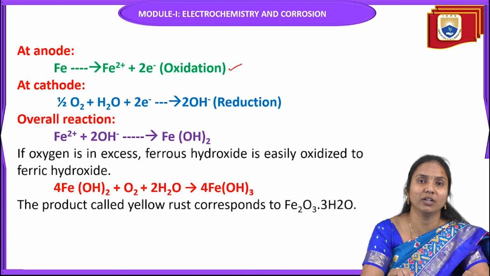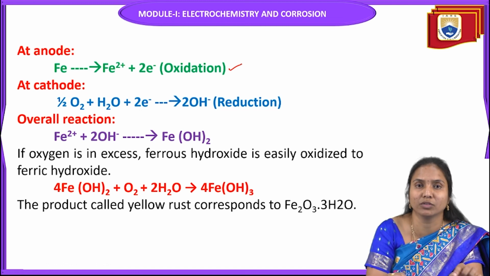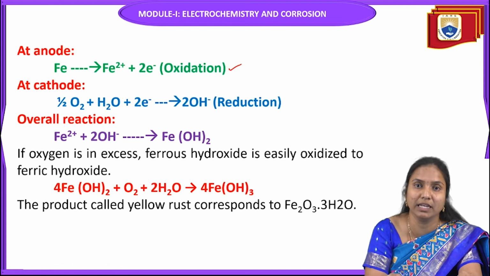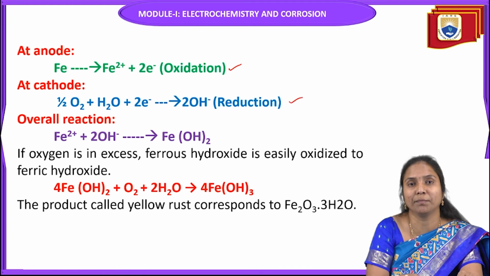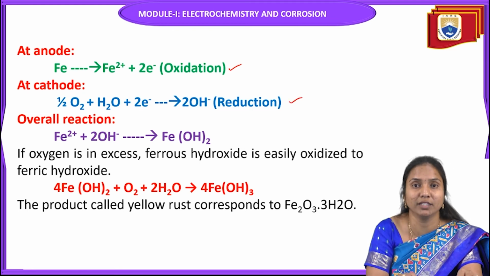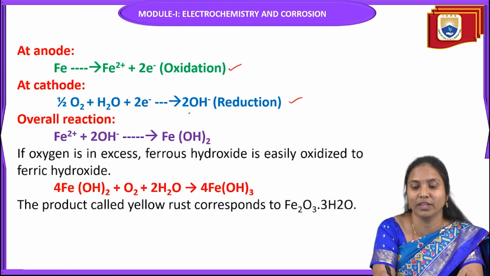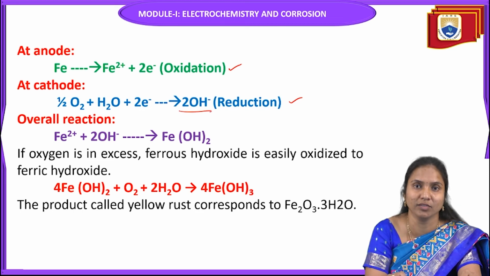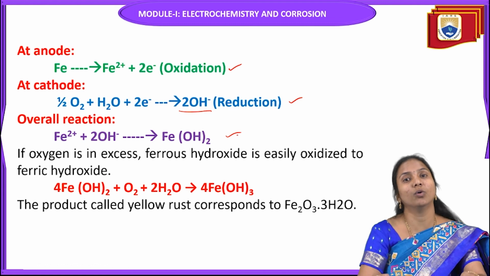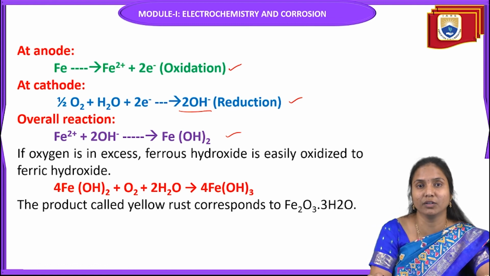In this pitting corrosion, the same reaction occurs: iron undergoes oxidation, then forms iron metal ions with loss of 2 electrons. At the cathodic area, atmospheric oxygen is present, and it consumes electrons and water, then forms 2 OH minus ions. Now let's discuss the overall reaction in pitting corrosion.